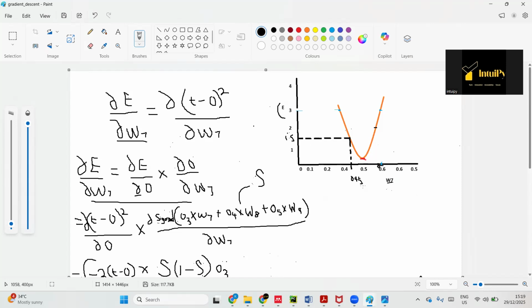is reduced. So let's imagine that we move our W7 from 0.45 to, let's say, 0.48.